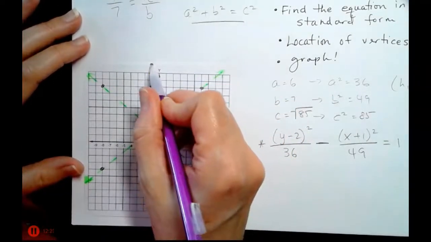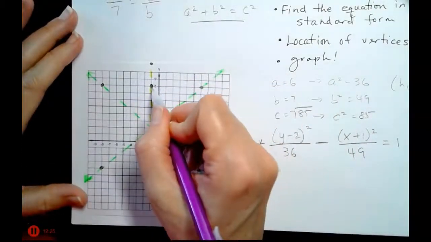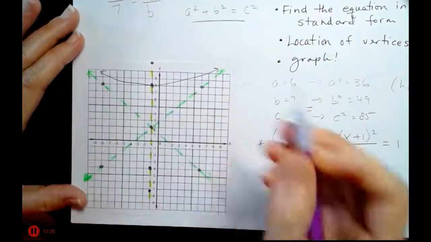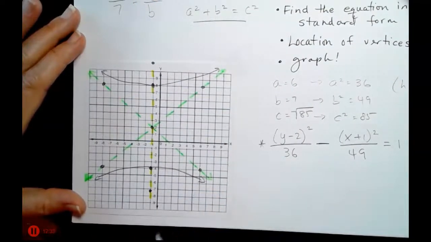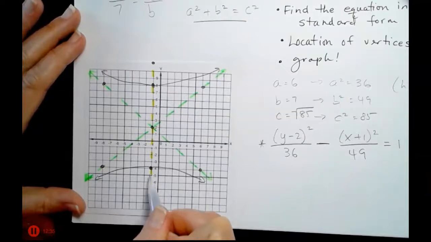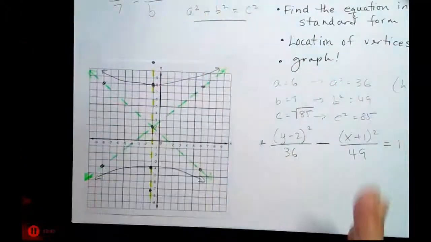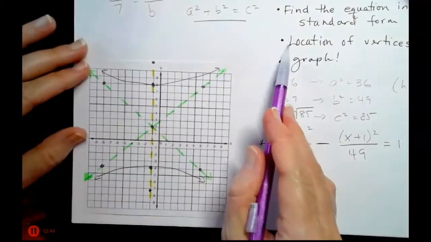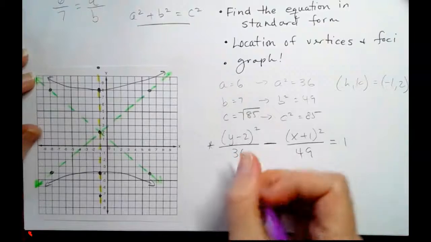Notice that the farther the focus gets away from a vertex, the fatter those branches open up. If the vertex and the focus are close together, then those branches are going to squeeze together and be much tighter. So we've graphed.